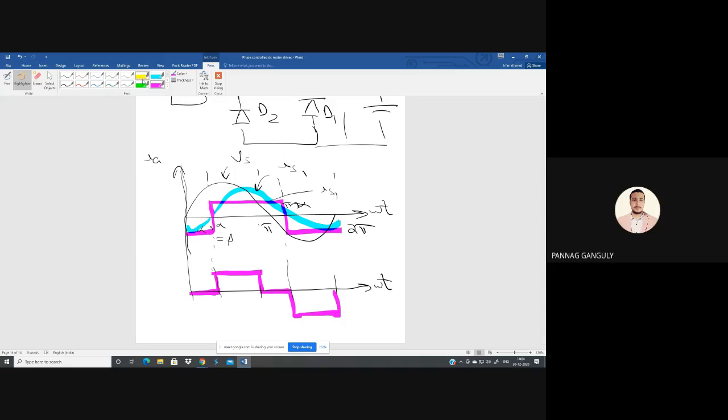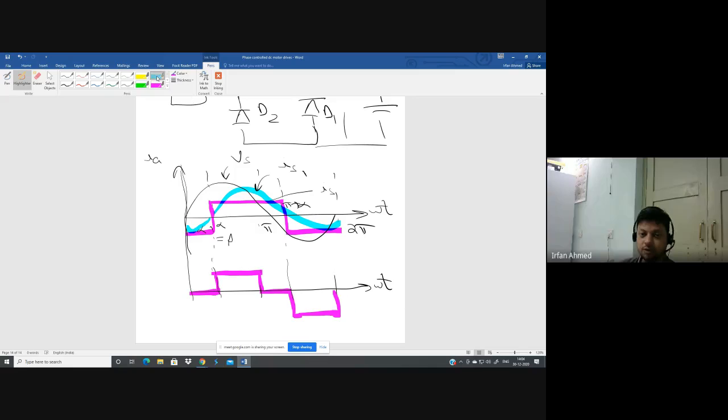So now if you plot the fundamental component, this is the fundamental component. Okay, the fundamental component does not start from here now.